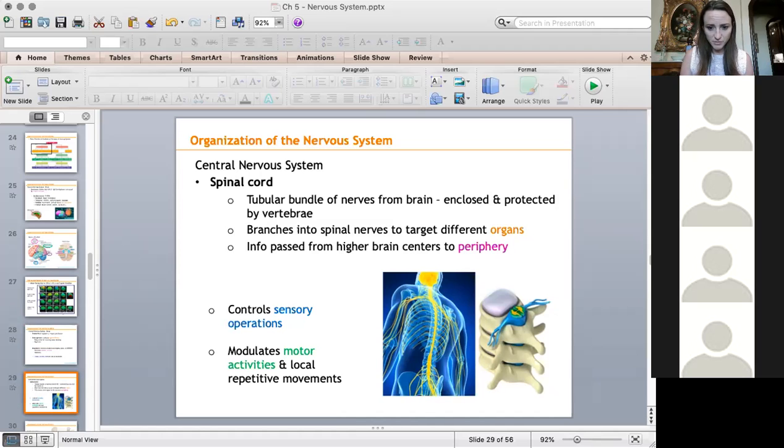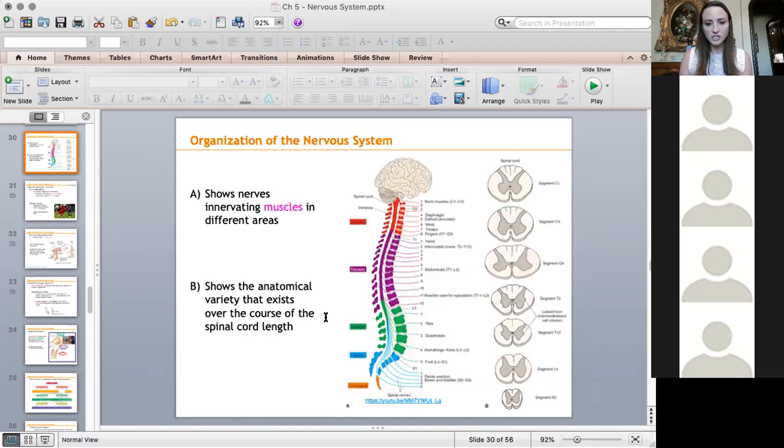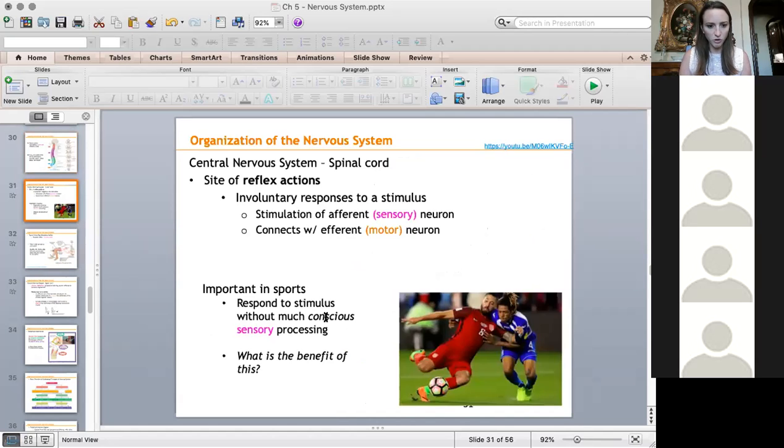So you have to be familiar with that, it controls sensory operations and motor activities. This slide here just shows how it innervates different muscles, what parts of the spinal cord or the spinal nerves innervate which parts of the body. You don't really have to know that part, just the main purpose of the spinal cord.